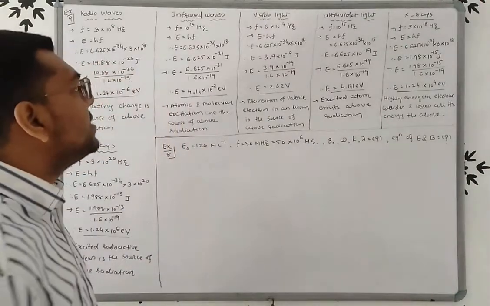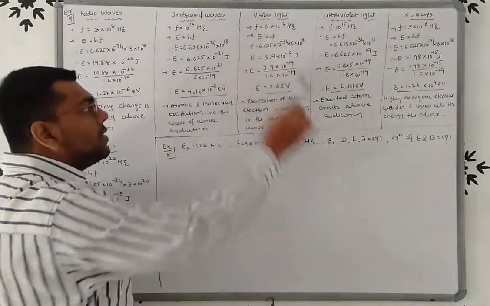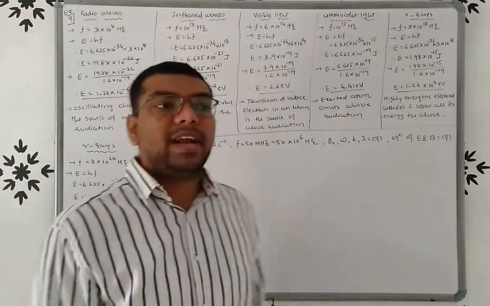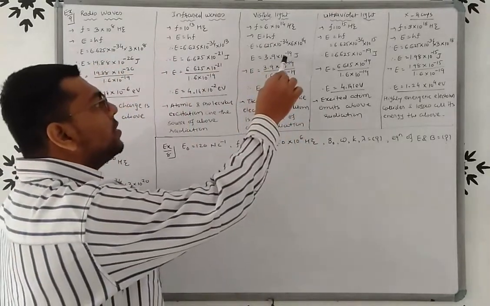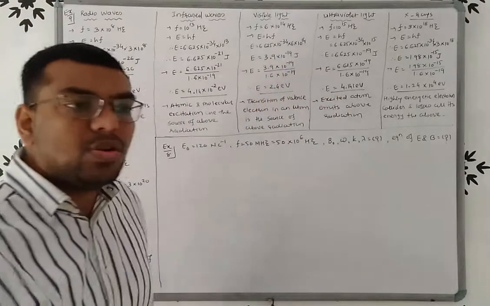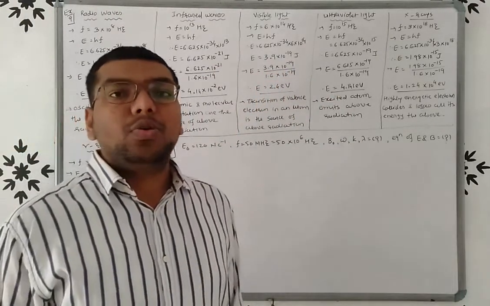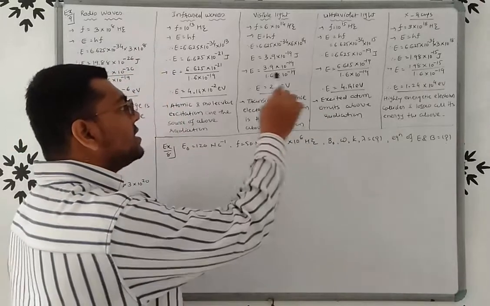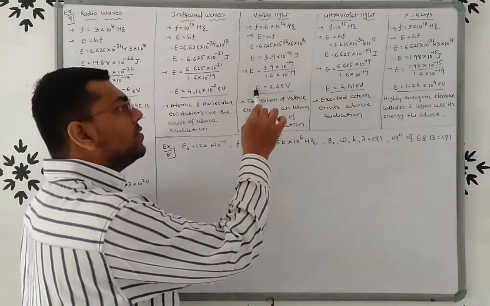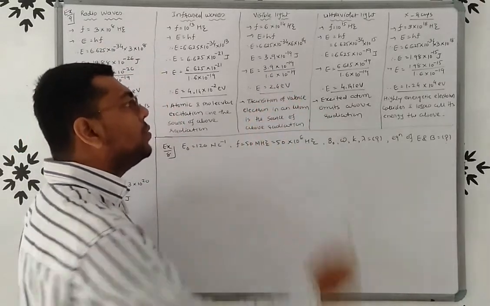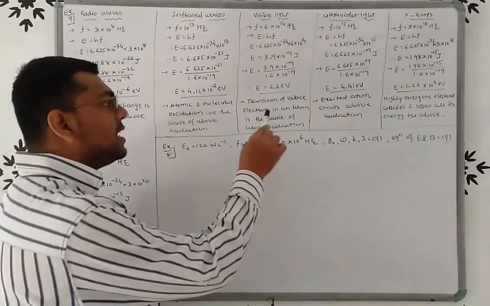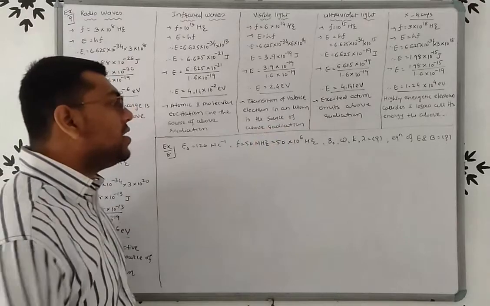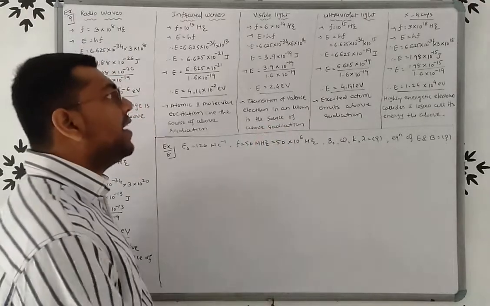For visible light, frequency is 6 × 10^14 hertz. To find out energy, E = hf, so we get 3.9 × 10^-19 joule. To convert it into eV, divide by 1.6 × 10^-19, so we get energy of visible light 2.4 eV. The transition of the valence electron in an atom is the source of this radiation.